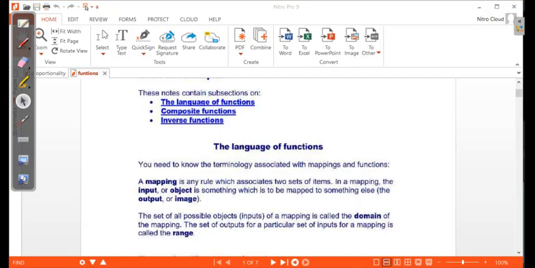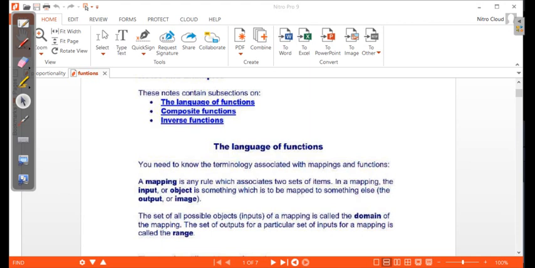The set of all possible objects, that is all the inputs of a mapping, is called the domain of the mapping. And the set of all outputs for a particular set of inputs for a mapping is called the range.